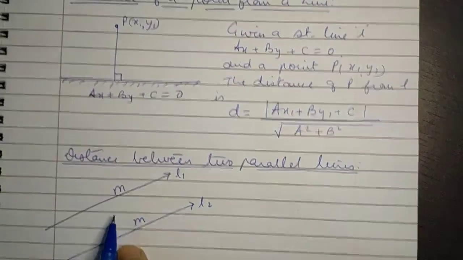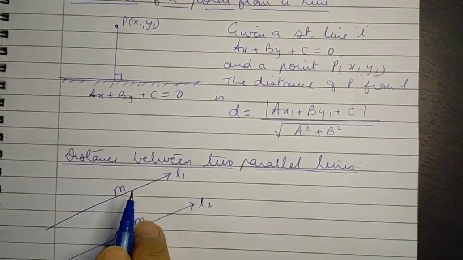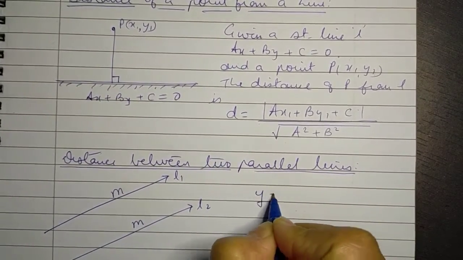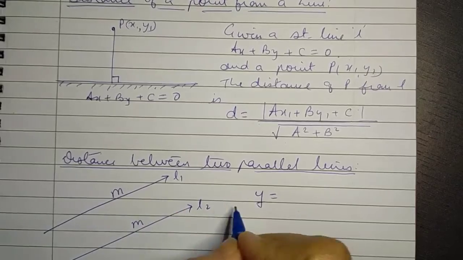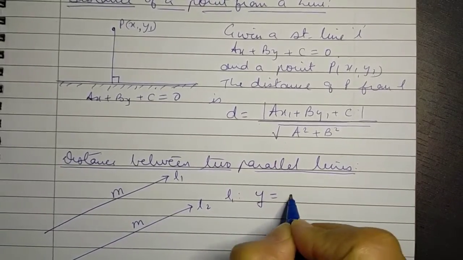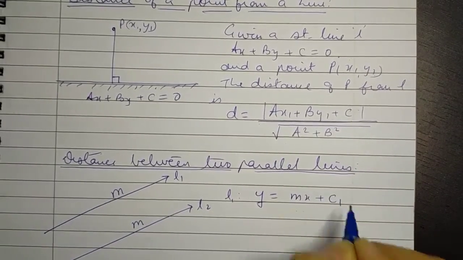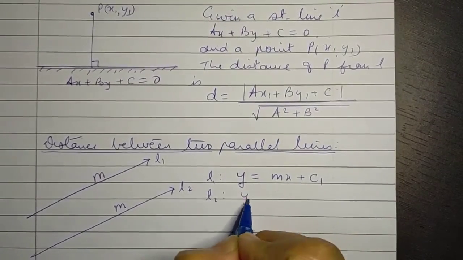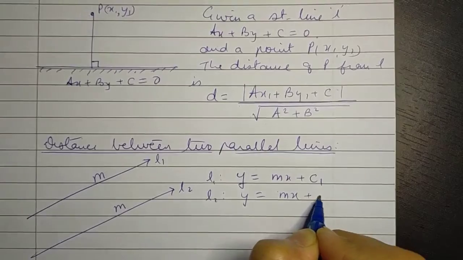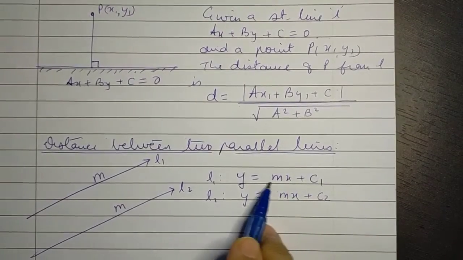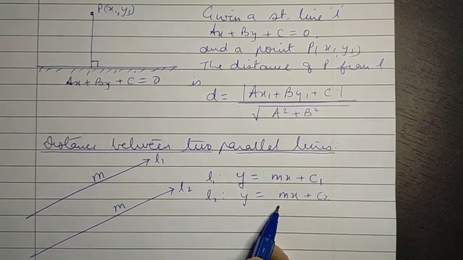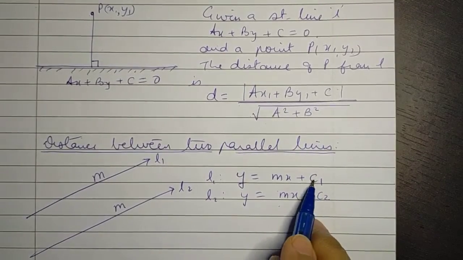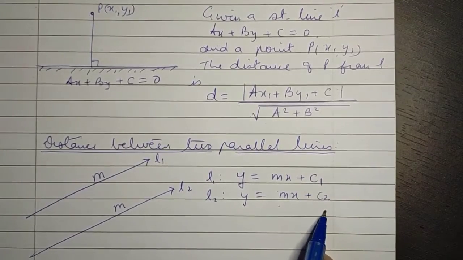So if you write the equations in the slope intercept form, if the equation of the first line L1 is y = mx + c1, then the equation of L2 would be y = mx + c2. Since the slope of both the lines is the same, the only difference between the two lines is in the y-intercepts.